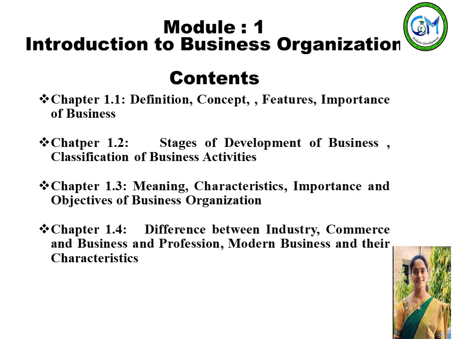In chapter 3, we are going to learn meaning, characteristics, importance and objectives of business organization. In chapter 4, we are going to learn difference between industry and commerce and business and profession, along with modern business and their characteristics.